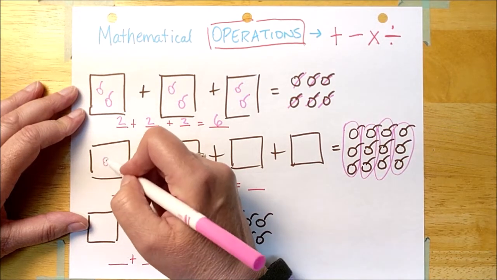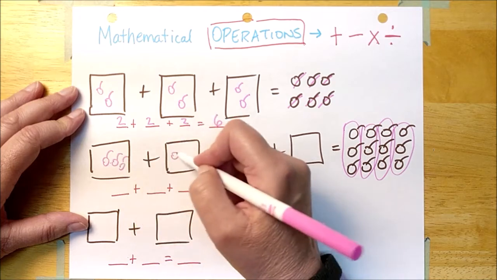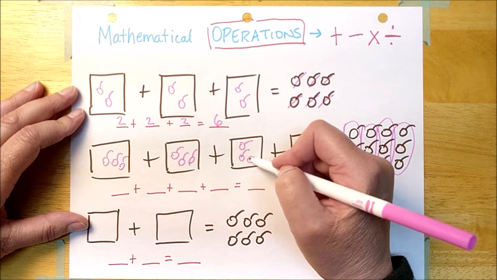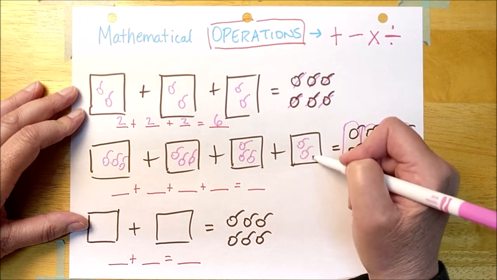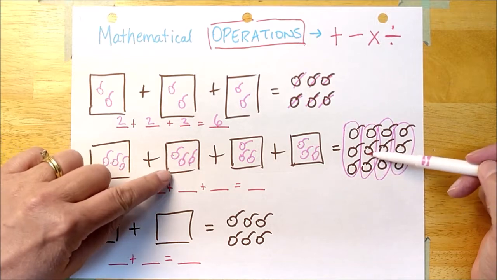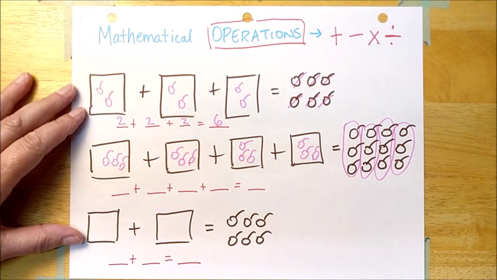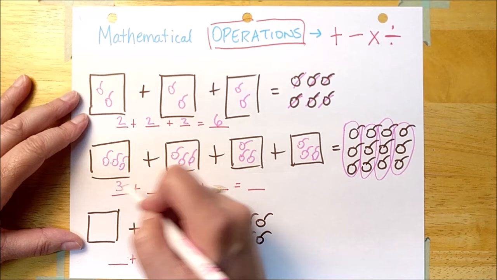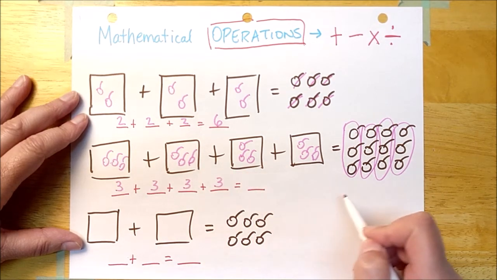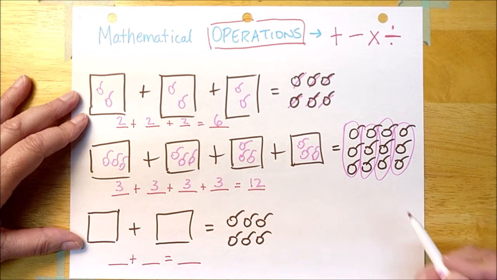So that means I would have to put 3 apples in each group. There we go. 3 apples in each group. So 1, 2, 3, 3, 3, 3. So my addition problem for this would be 3 plus 3 plus 3 plus 3 equals 12.